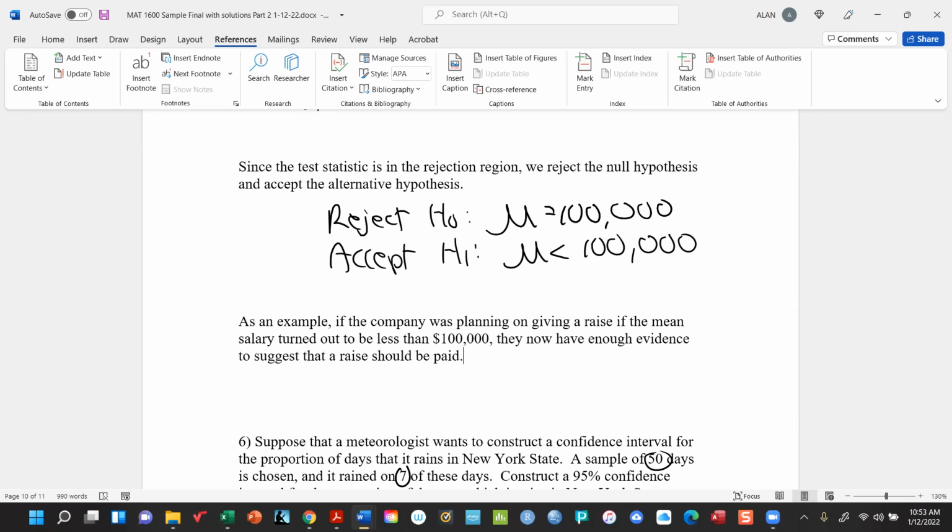Okay, so that's all they need to see. That's enough. They can say, all right, we don't have to check every single salary. We have enough proof to show that the mean is below 100,000. Therefore, we're going to raise the salaries.